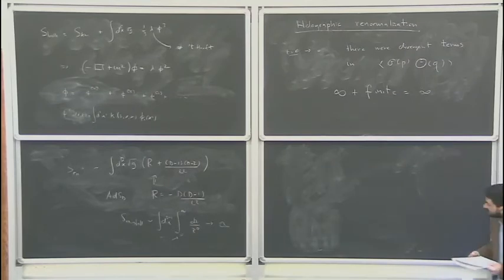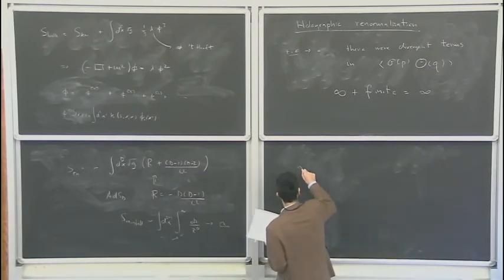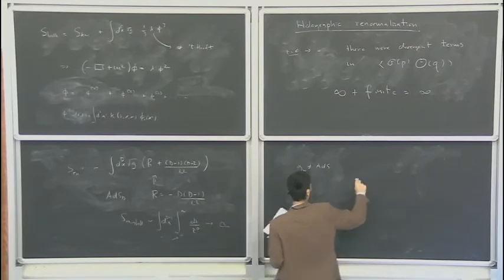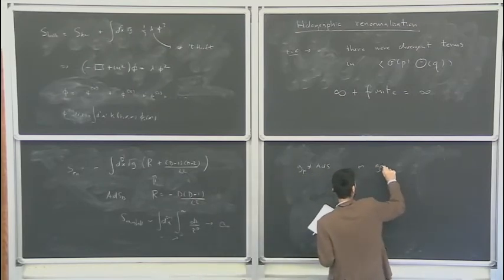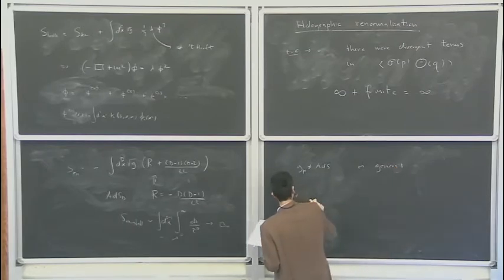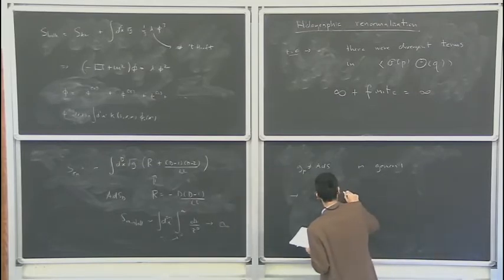So the metric itself, in general, does not need to be ADS. But we can take g mu nu, as I already mentioned, to be asymptotically ADS.